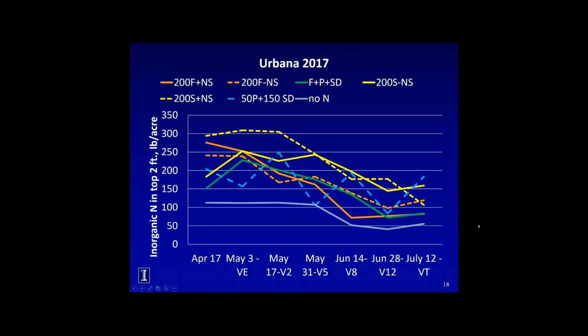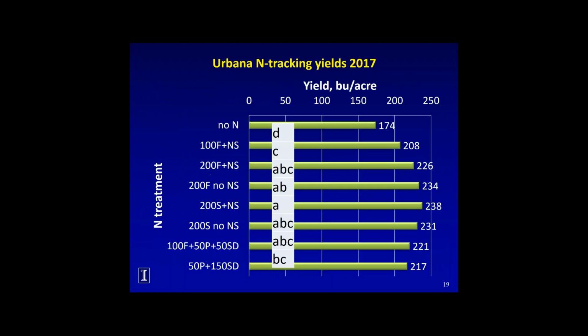And you can see here we had serious rainfall in late April, early May. These numbers were not as high, and they started down, and they were not as high during vegetative development. But we still did not really see a yield reduction from this. These are the yields from that, statistically separated.